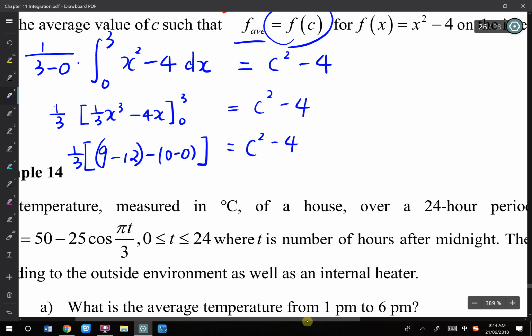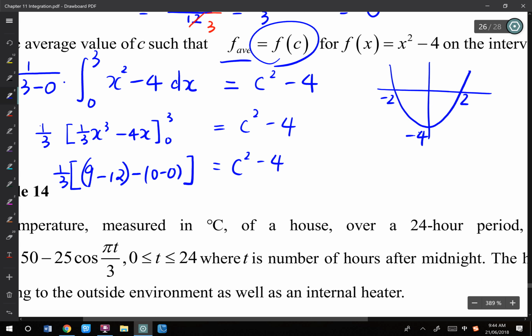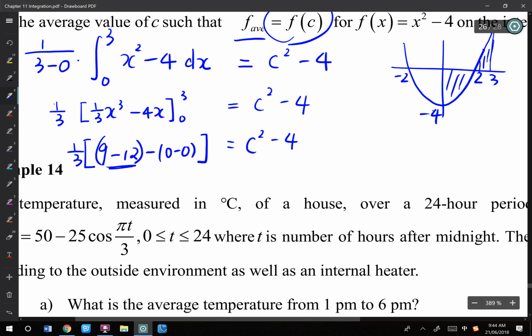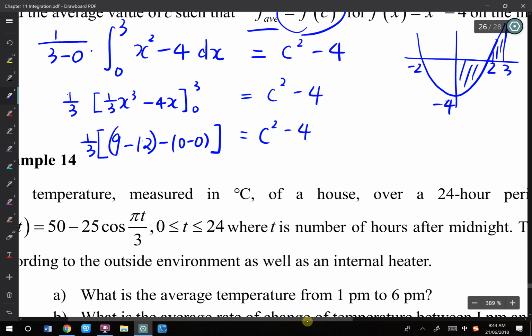You can see where x squared minus 4 is. We have a shape like that. That's minus 2, that's 2, and that's minus 4. 0 to 3 is this area. So you can see my area is a negative area, so it's a negative 3. It makes sense because we have a larger bottom. So minus 3 times the third, we have minus 1.